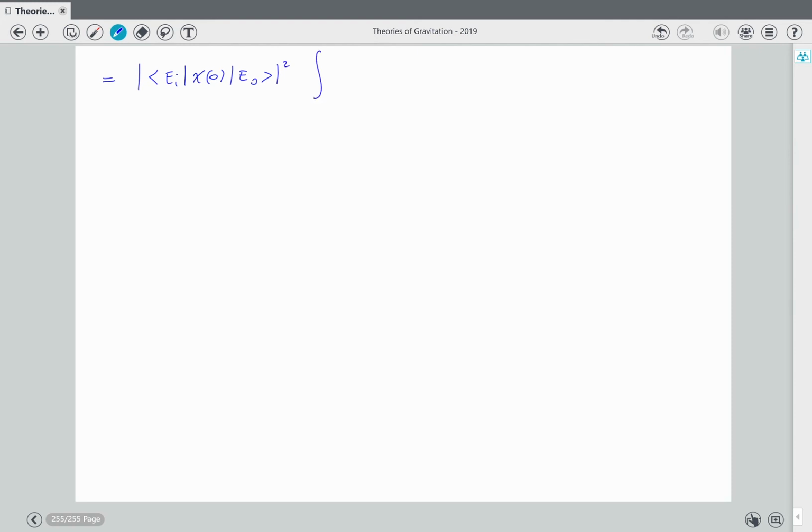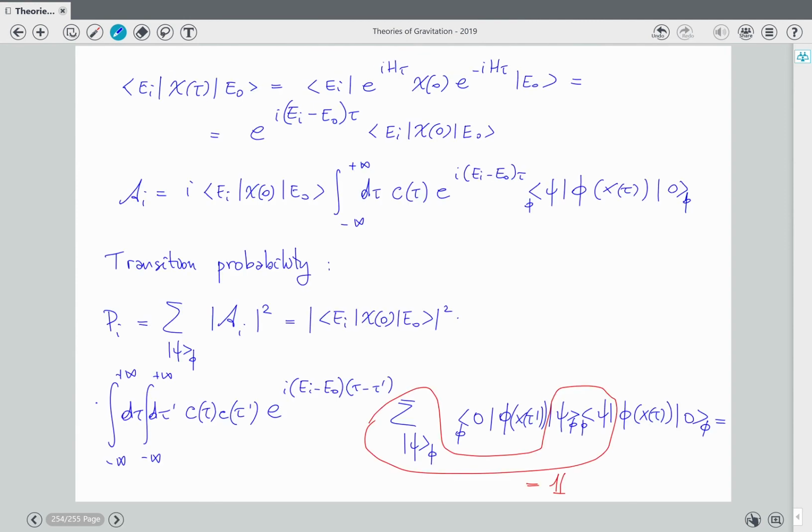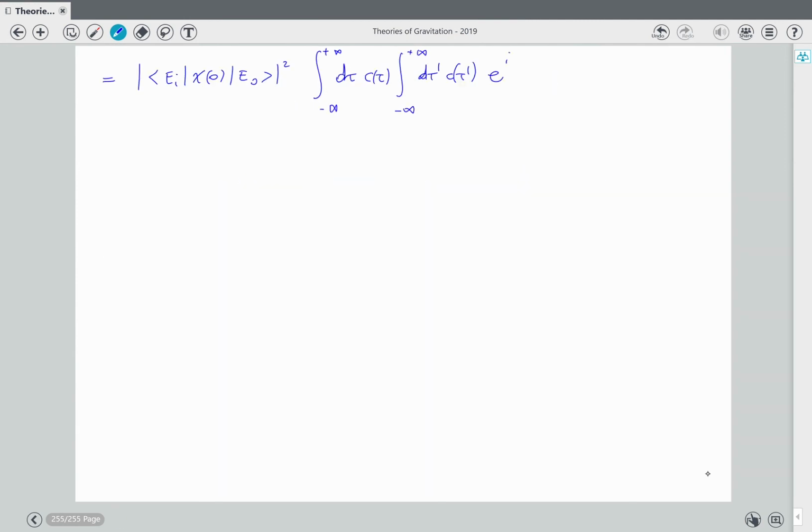Then you have this double integral. Then you have the exponential. And then you have 0, the vacuum.